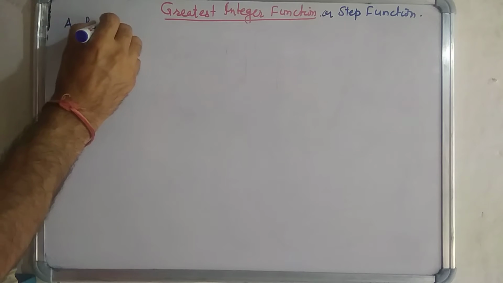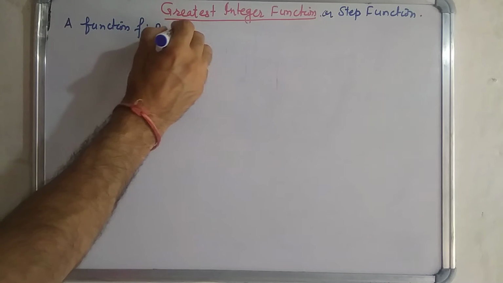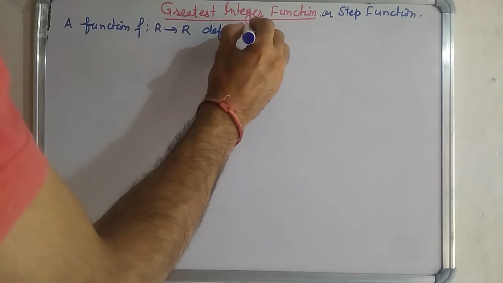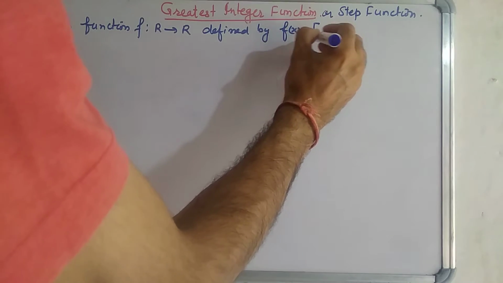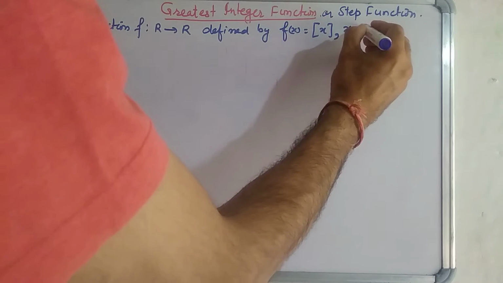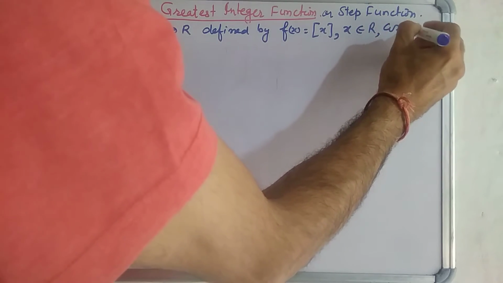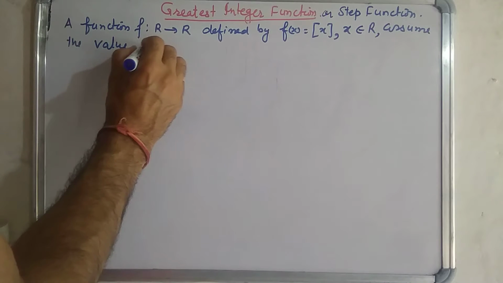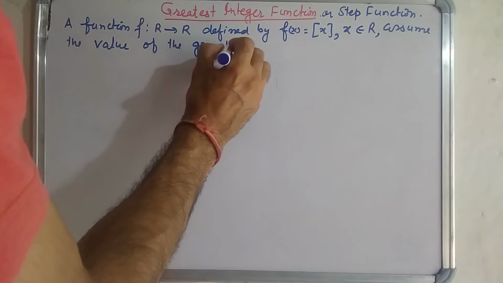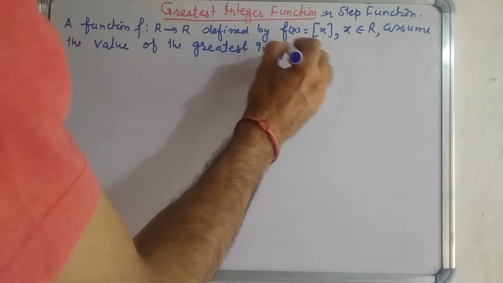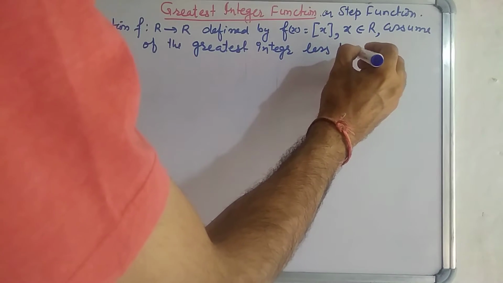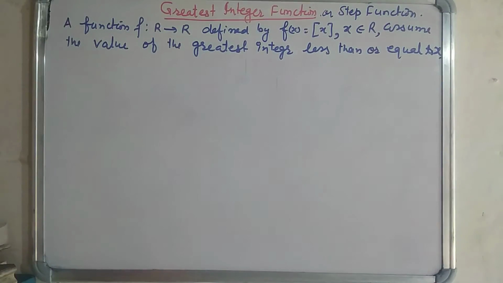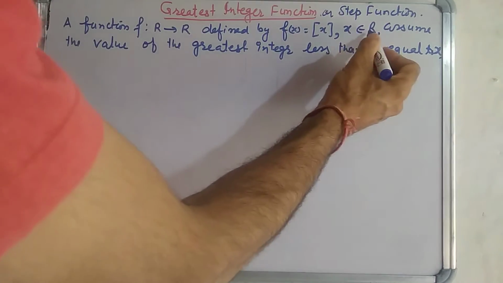A function f from R to R is defined by f(x) is equal to [x], x belonging to the real numbers.